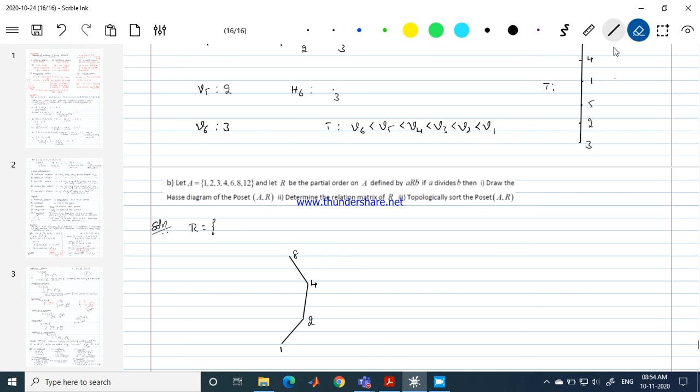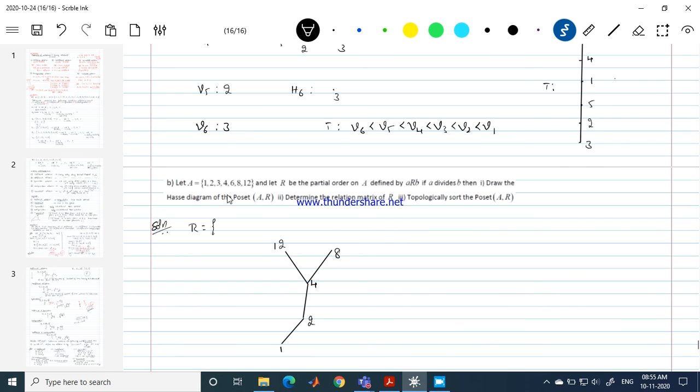I'll just keep this to this side, and it is not something mandatory. So, just for a change, I'll keep it to this side. This is 8 and 4 also divides 12. Let me write that. Okay, so 4 divides only 8 and 12.